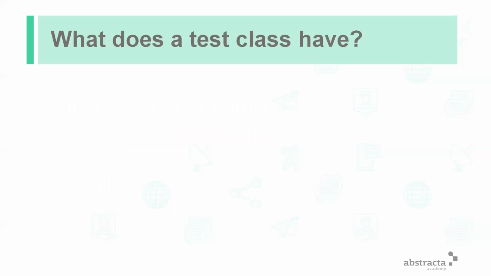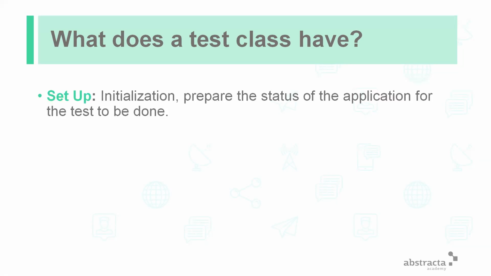So we have a test class. We are going to be writing tests, so here comes the need to have a test class. And what does a test class have? We can identify four things, at least at the beginning.